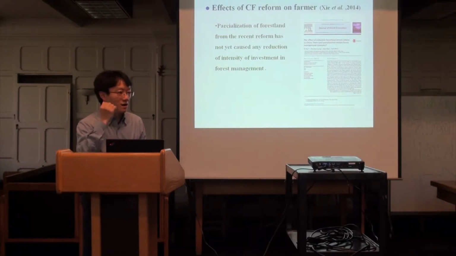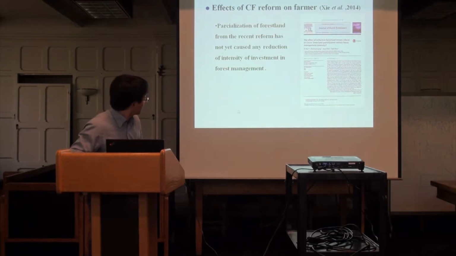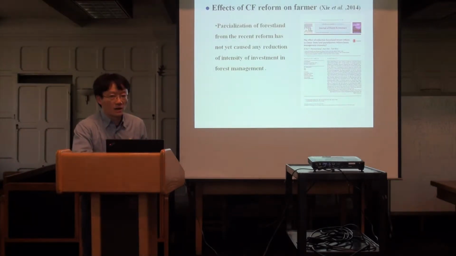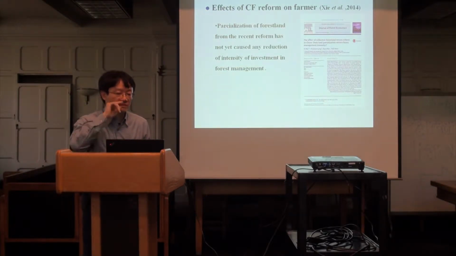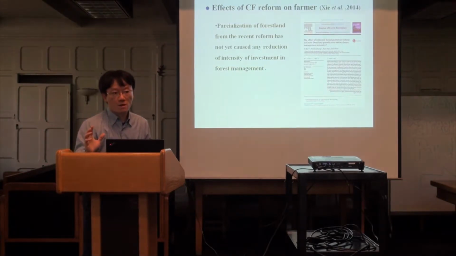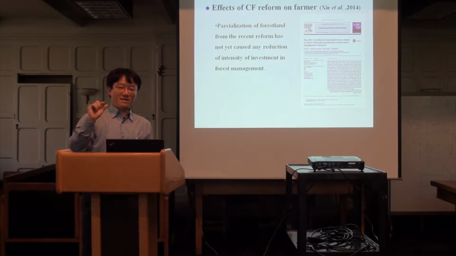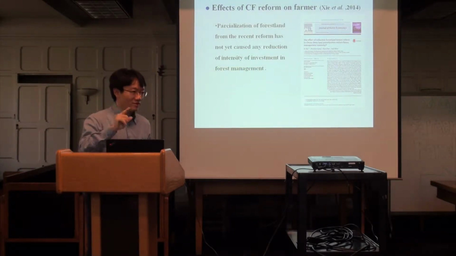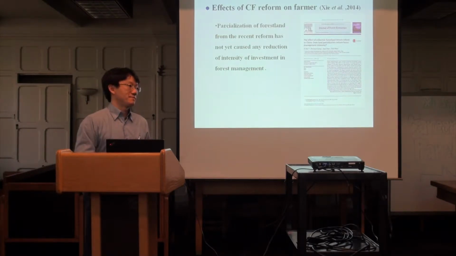Because you may find the keyword is fragmentation. In the study area of this paper, we found that some families have more than 10 plots of forest. More than 10 plots of forest. But for the small pieces, the acreage might be 0.01 hectare.